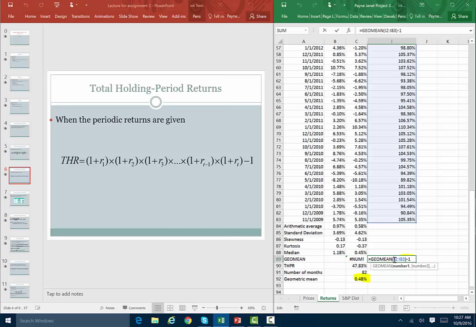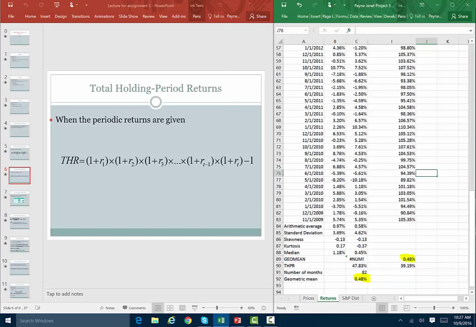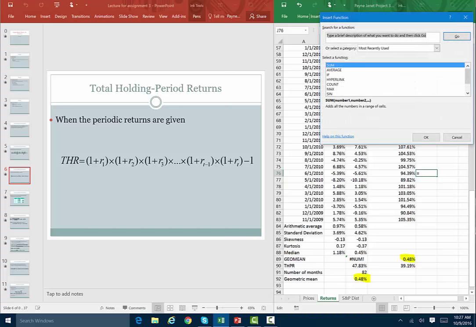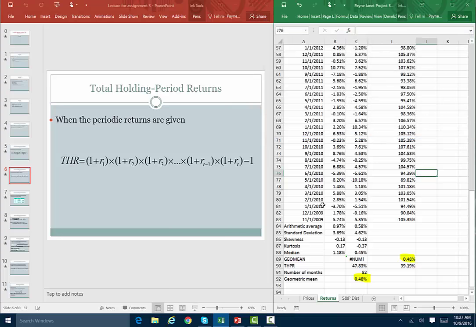I had to add 1 to each of these returns because if you look at the GEOMEAN function in Excel, it returns the geometric mean of an array or range of positive numeric data. Some of these numbers are negative, so when I add 1, all of them are positive.